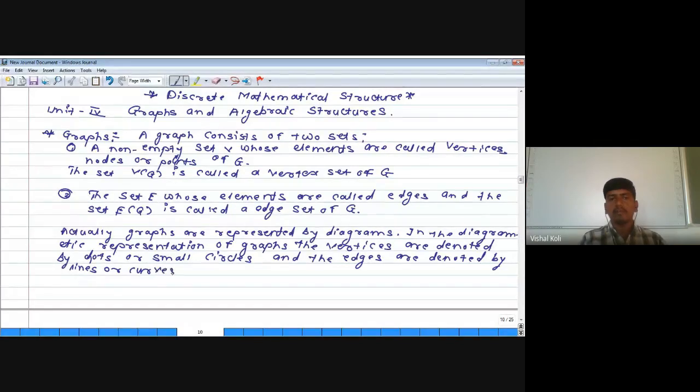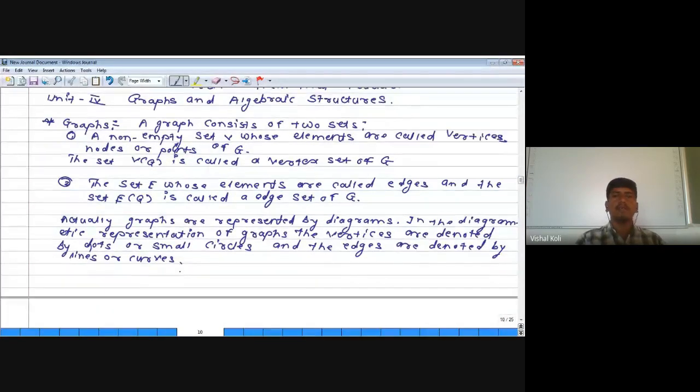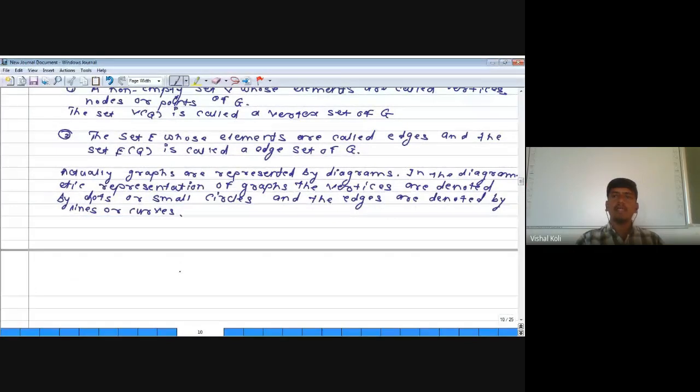So if we draw any graph, then the vertices of this graph are denoted by dots or small circles, and the edges of a graph are denoted by the lines or the curves.